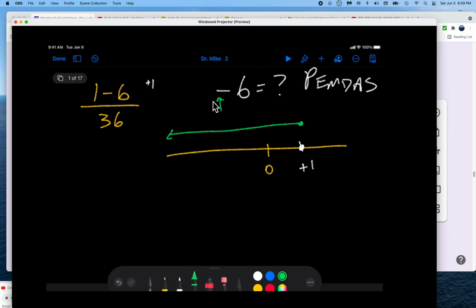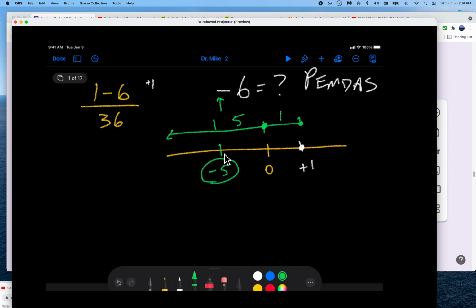The only question is, how far are we going to move in this direction? And here's your answer, 6 units. So let's do that. The first unit is going to be taken up getting back to 0. How many more units are we going to move in this direction to total 6? Answer is 5. So we go from 0 in the negative direction, 5 units, that puts us at negative 5.